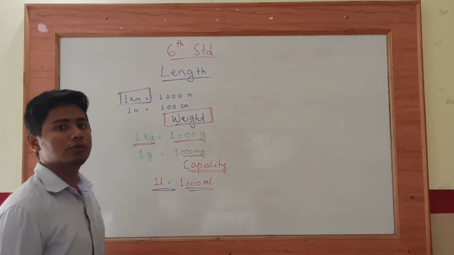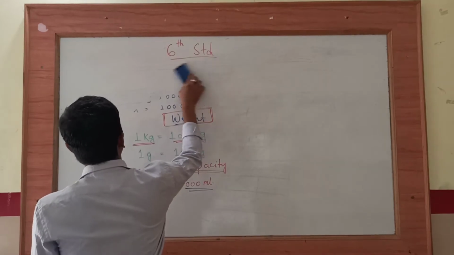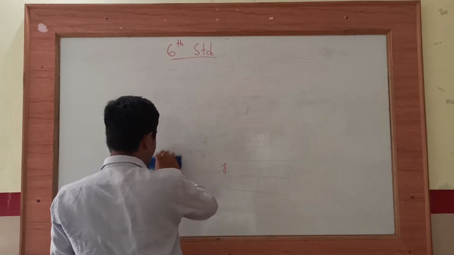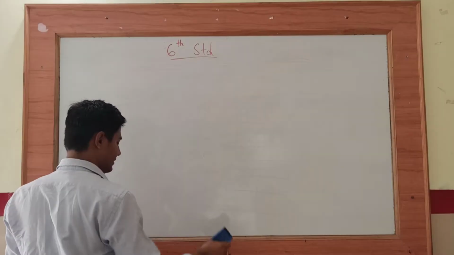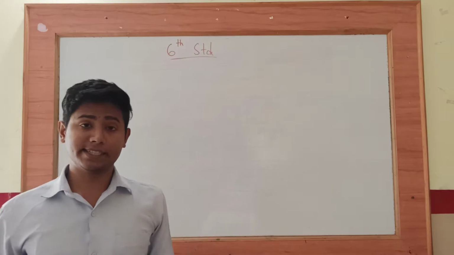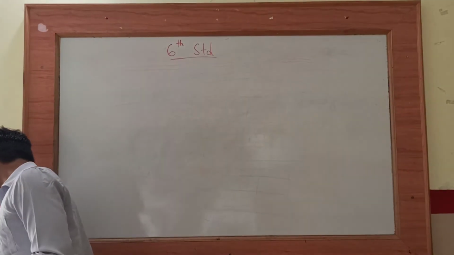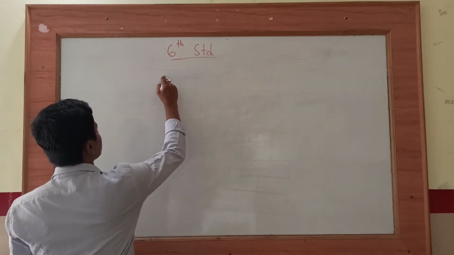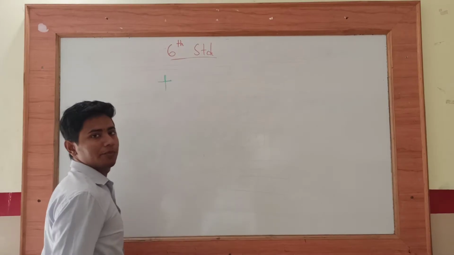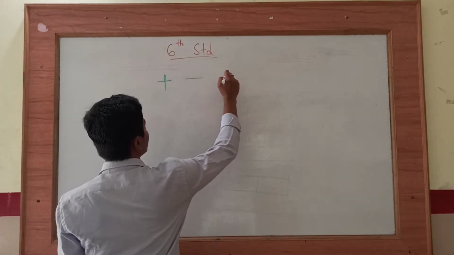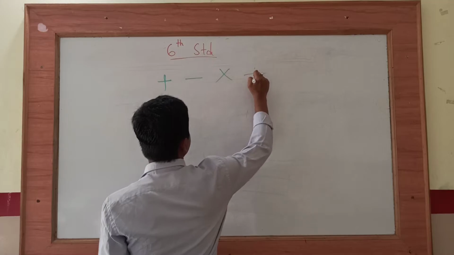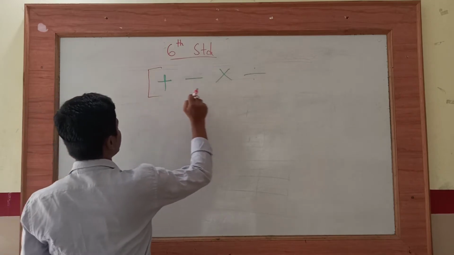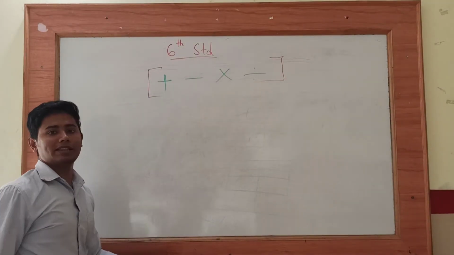So now move to the exercise. In that exercise, some basic things are given. What are the basics of mathematics? Wherever you use mathematics, everything moves around addition, subtraction, multiplication and division. These four things are most important in mathematics.